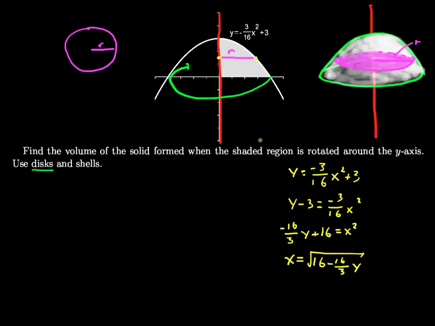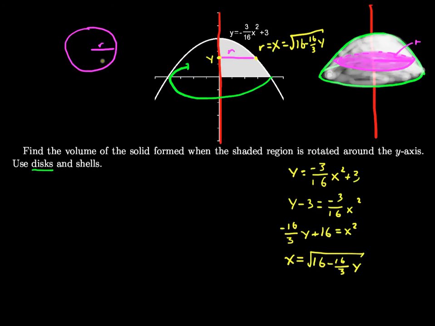If I am finding disks revolved around the y-axis, I need a function for x in terms of y. So r equals x, which equals the square root of 16 minus 16/3 y, because the radii are changing as I go along this axis.